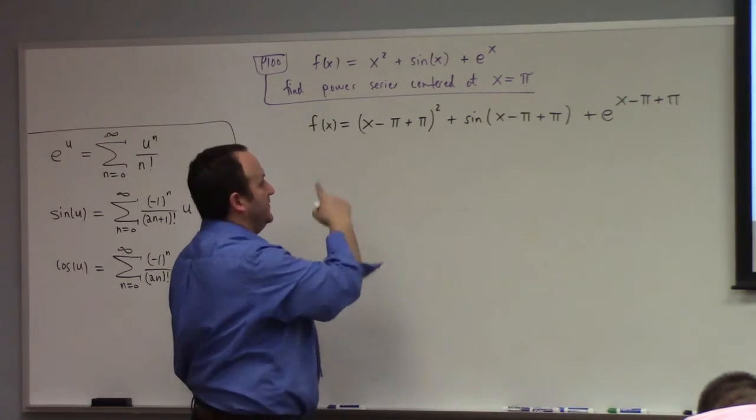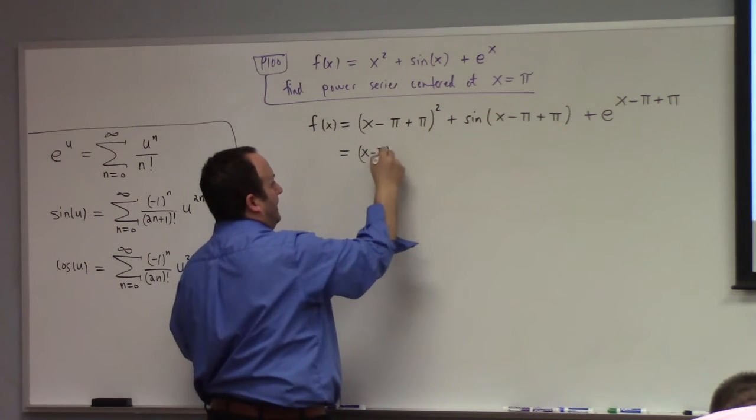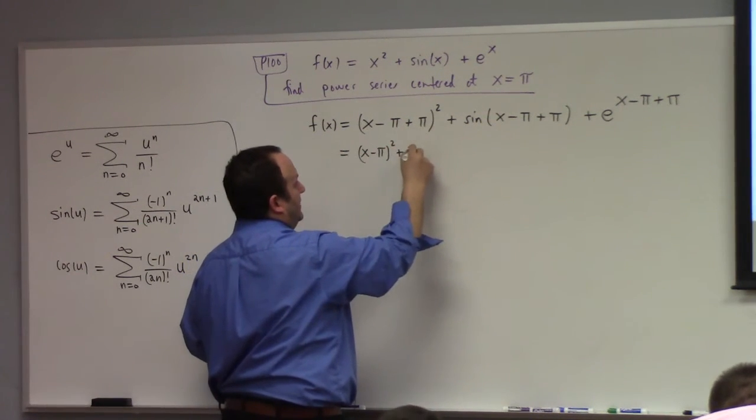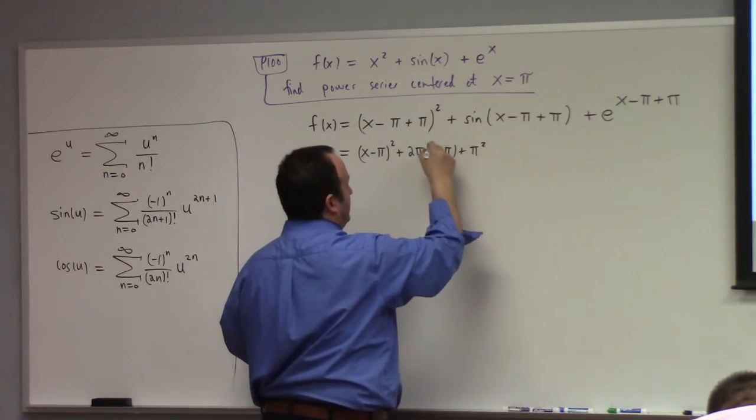So the first one gives me an x minus pi squared, plus 2 pi times x minus pi, plus pi squared, just foiling that out.